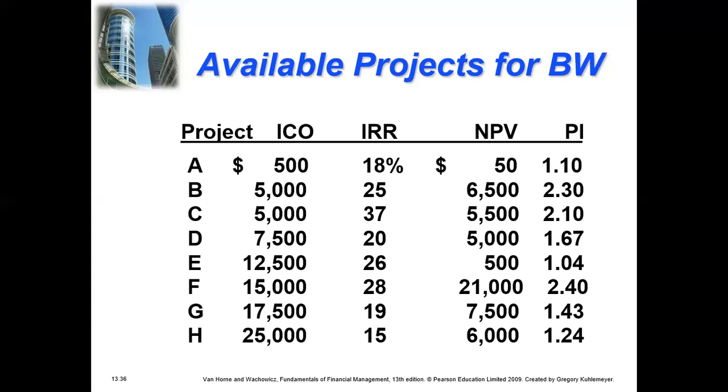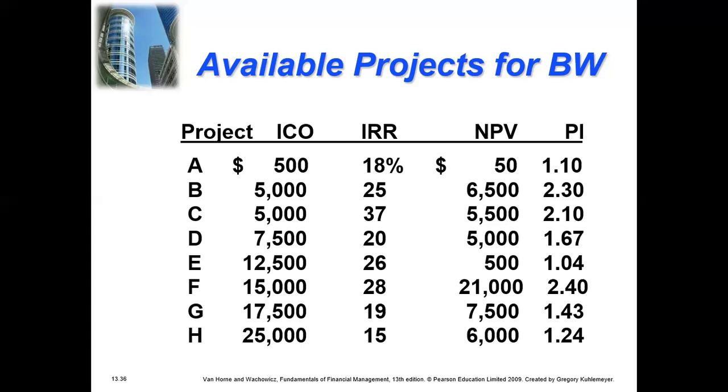If we decide on the basis of IRR, which project is giving maximum IRR? Here we can see it is project C. Project C is giving maximum IRR of 37%. 5,000 is for project C. Second, we can see there is project F. Project F is giving 28% IRR.